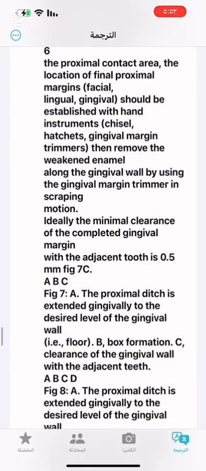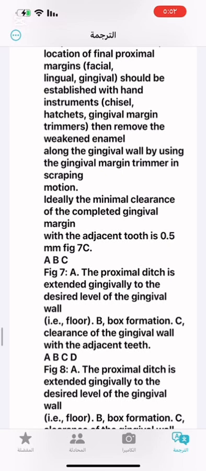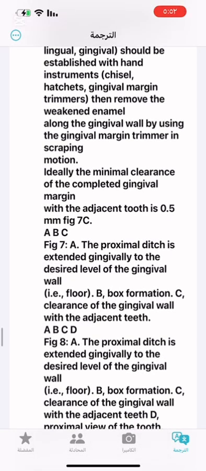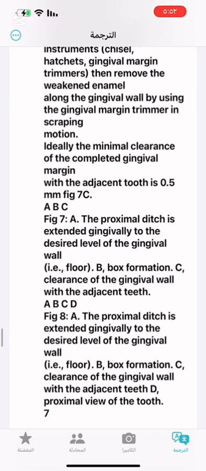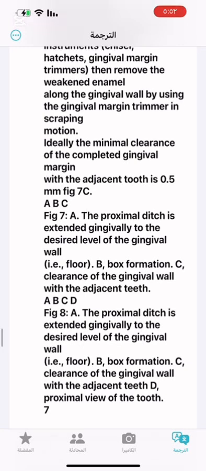Then remove the weakened enamel along the gingival wall by using the gingival margin trimmer and a scraping motion. Ideally, the minimal clearance of the completed gingival margin with the adjacent tooth is 0.5 millimeters.